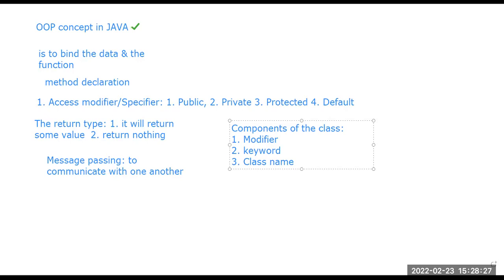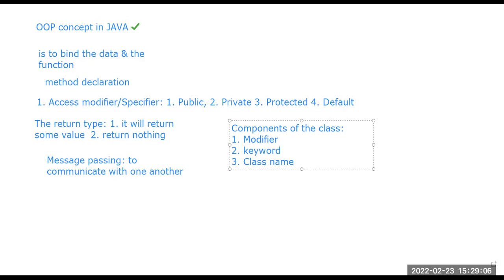And last of all, the body, where we write the statements, the lines of code, that we need to execute the program. It is enclosed by curly braces, opening and closing, and within that we can write whatever lines of code. So these are the very basic components of a class: the modifier, class keyword, class name, superclass or subclass if present, interfaces, and the body.